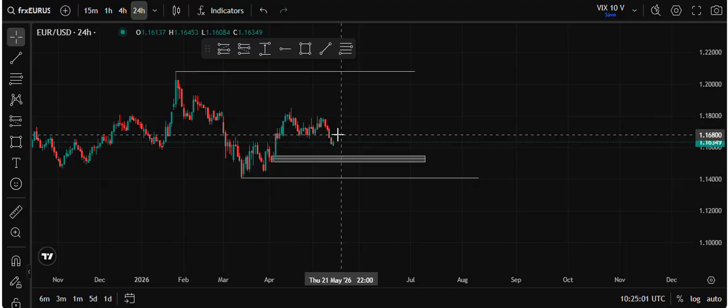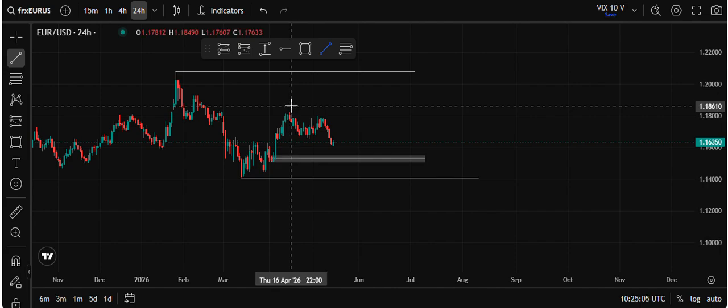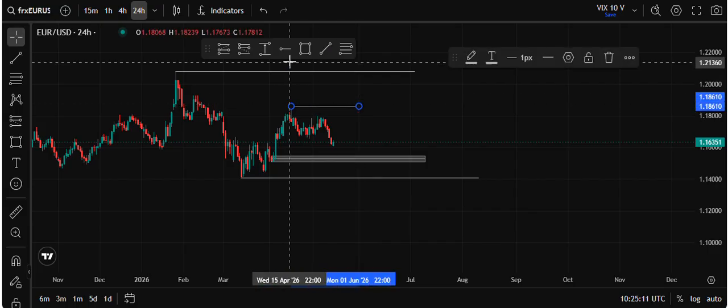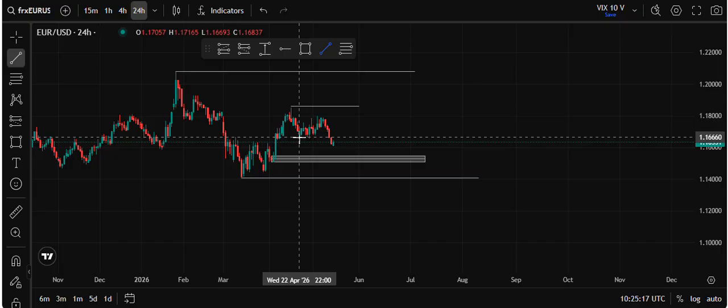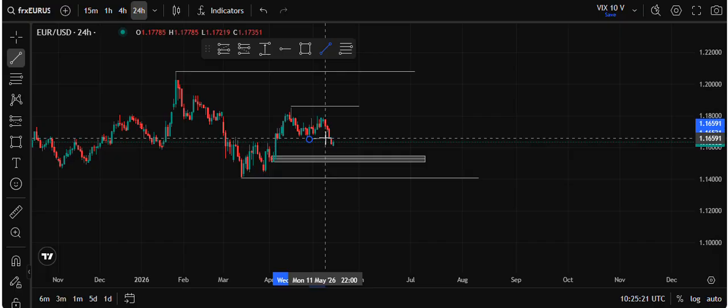So we'll grab this here. This is the 1 hour time frame. We're just trying to see what is going on, and then we'll go to the lower time frame to give more info. So this was the previous low that was broken.